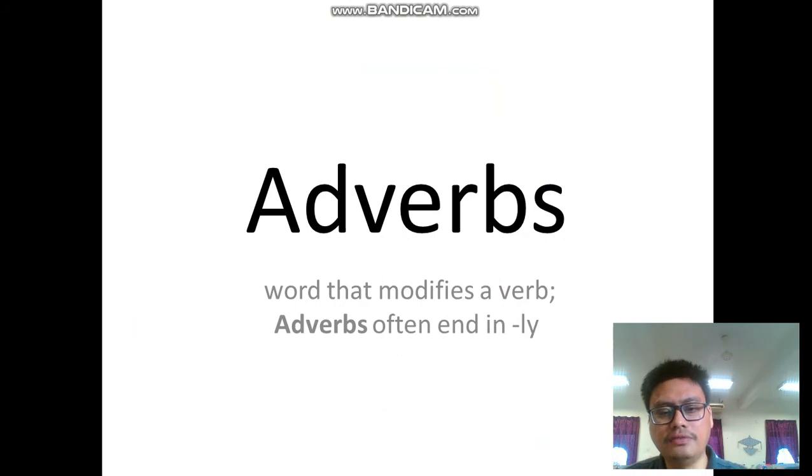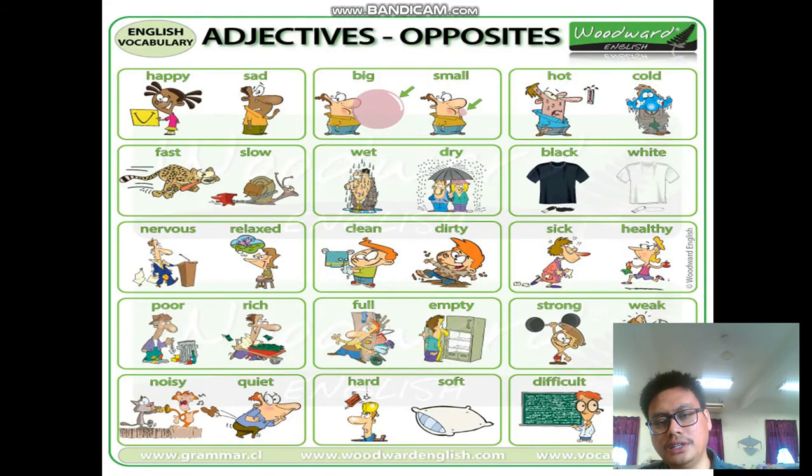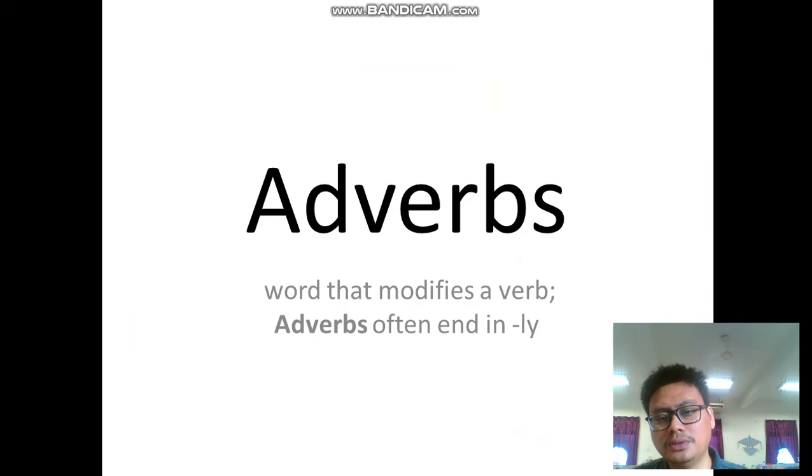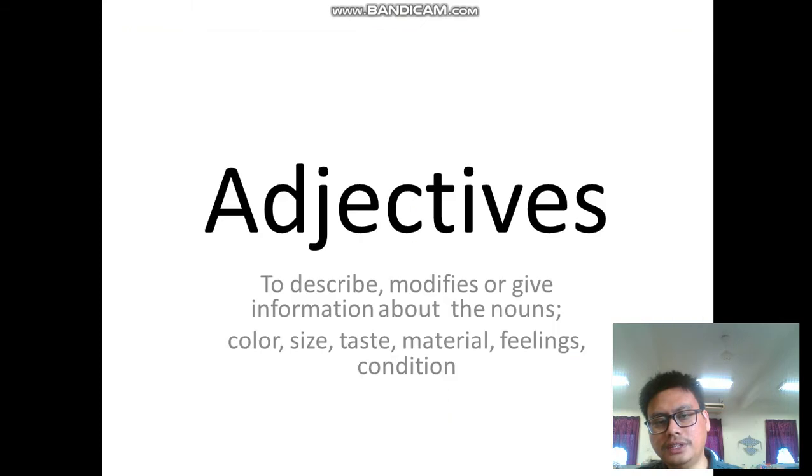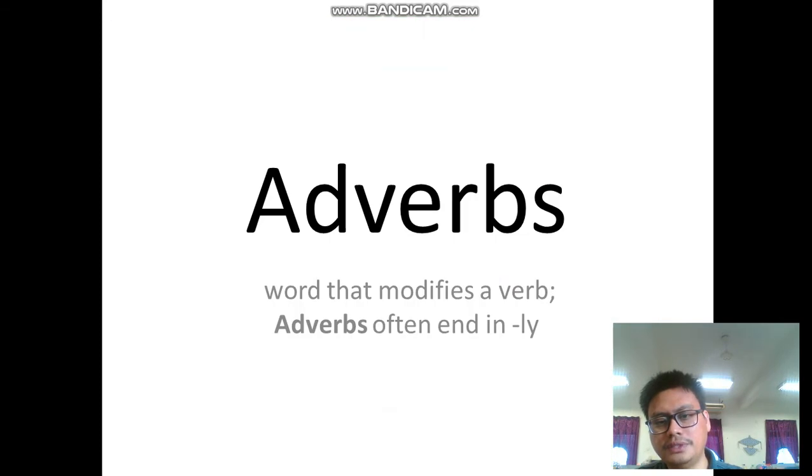So next is adverb. An adverb is a word that modifies a verb. It actually derives from the word adjective plus adverb. So it modifies a verb. This time around, it's describing the verb itself. For adjectives, they describe the nouns. For adverbs, they describe the verbs.